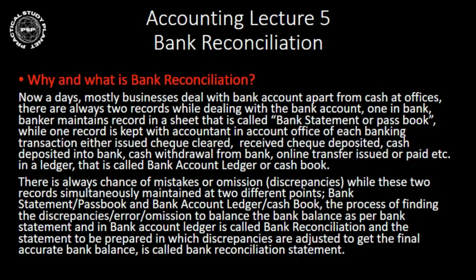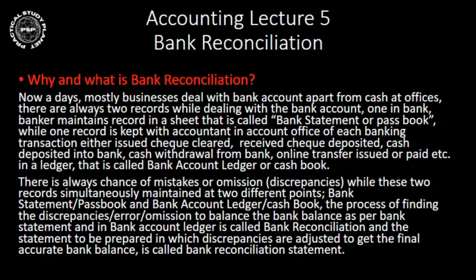The other record is kept by the accountant in the account office of each banking transaction, either issued check cleared, received check deposited, or cash deposited into bank, or cash withdrawal from bank, online transfer issued or paid, in a ledger called the bank account ledger or cash book.